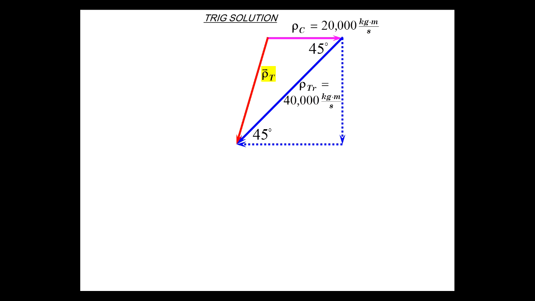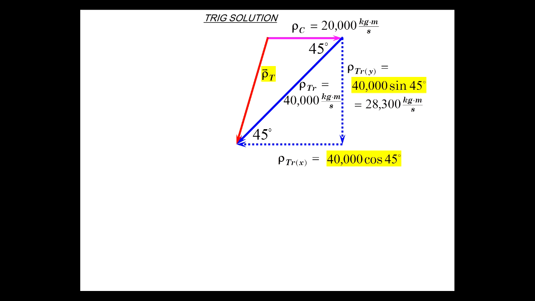In the y direction, we have 40,000 sine of 45 degrees. Hypotenuse sine of 45, and that gives us 28,300. Since it's a 45-degree angle, it'll be the same for the x component. So there's the x component as well.